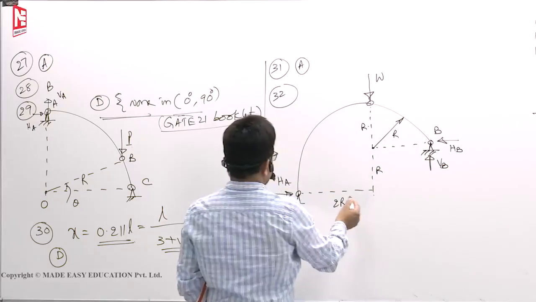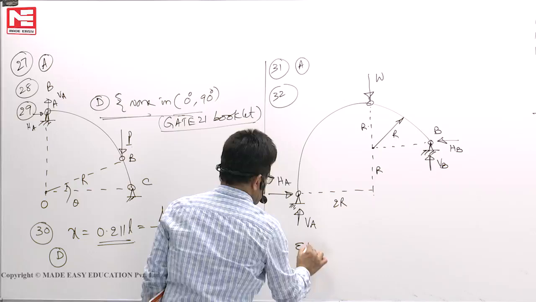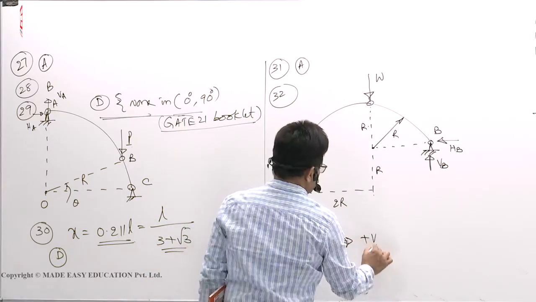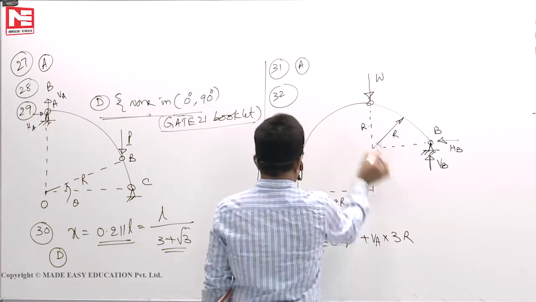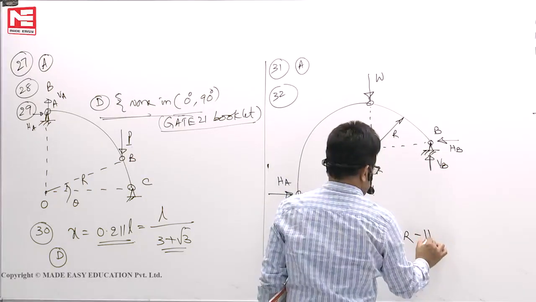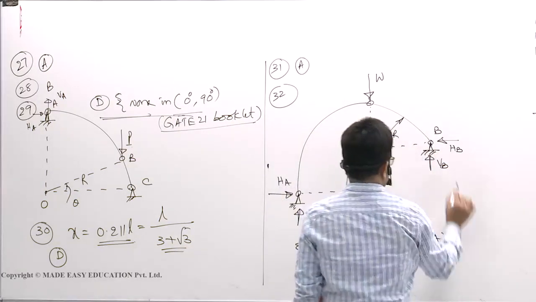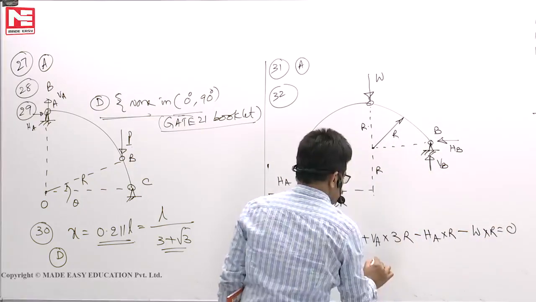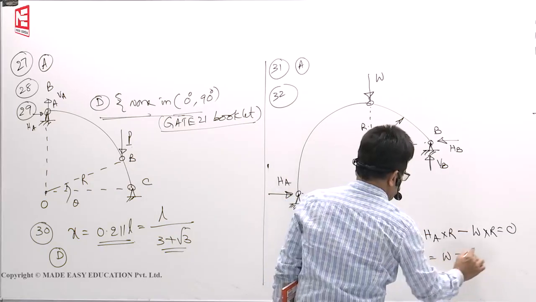Let us first take moments of all forces about B equal to 0. Sigma MB is equal to 0. So plus VA into 3R clockwise, minus HA into R, also minus W into R is equal to 0. So 3VA minus HA is equal to W.